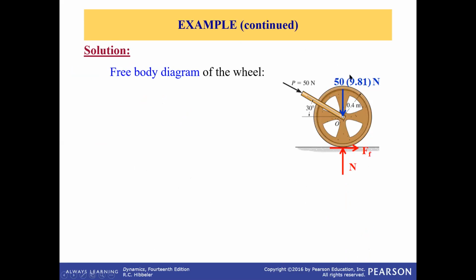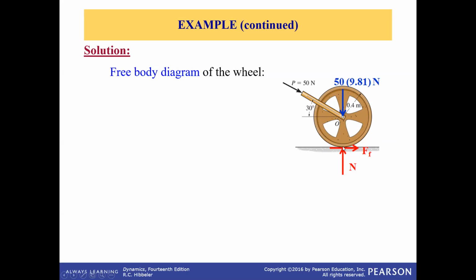First, we want to look at the free body diagram here. In this case, there will be the weight of the wheel. There will be the normal force at the contact point here. There will be a friction force here. If the wheel does not slip, which is the case here, then this is a static friction. Static friction is pulling the wheel forward.